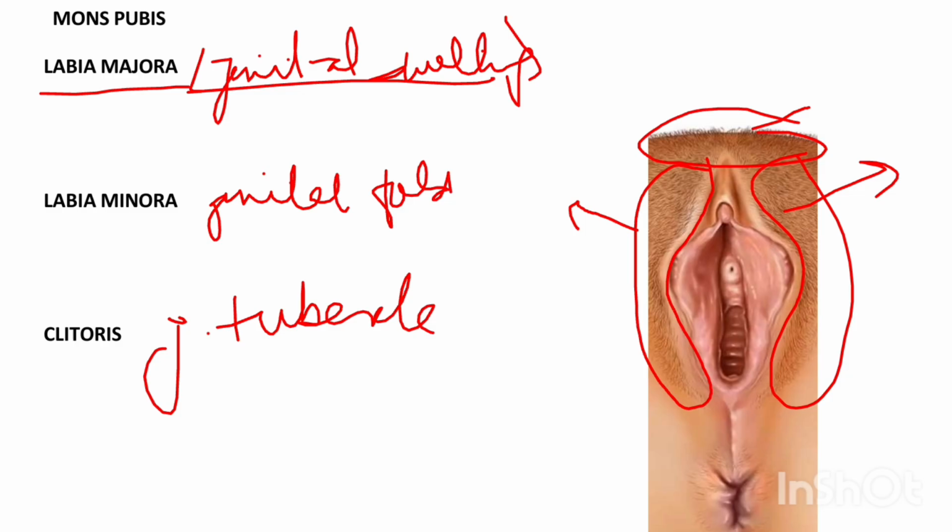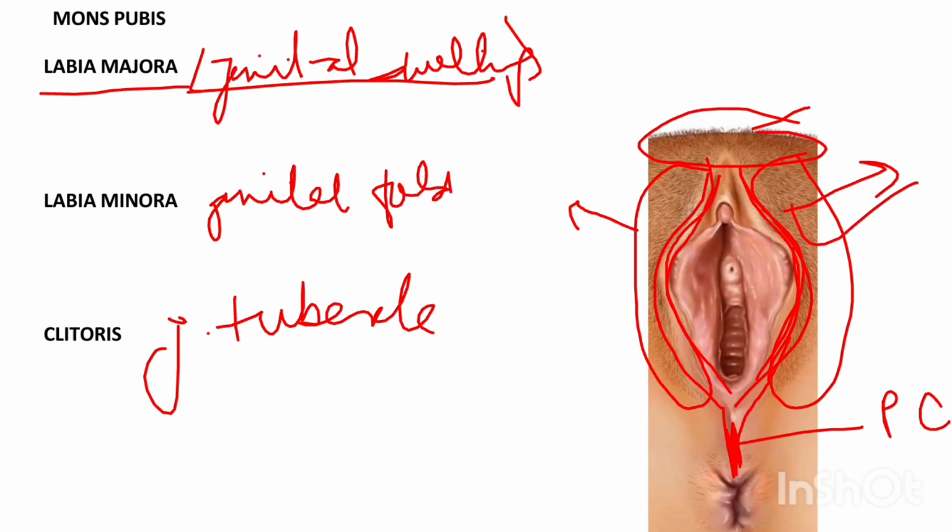This is labia majora, and this is formed posteriorly to form the posterior commissure. These are covered by squamous epithelium, and labia majora contain sebaceous glands, sweat glands, and hair follicles. It is homologous with the scrotum of the male.